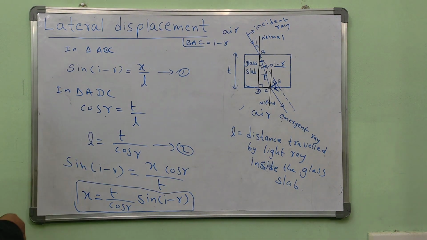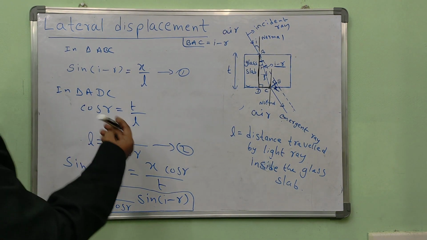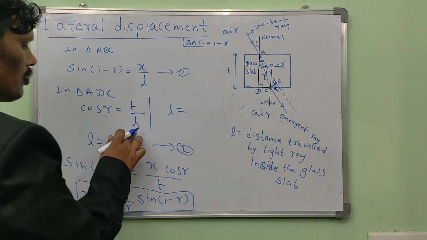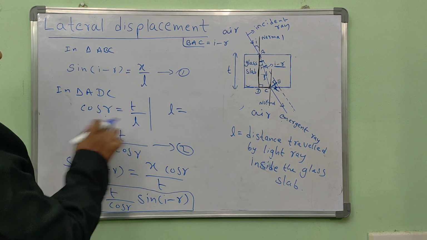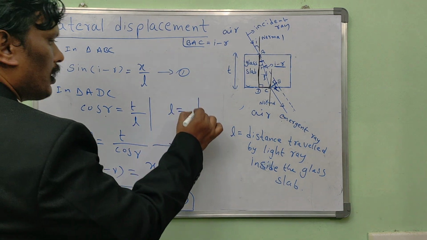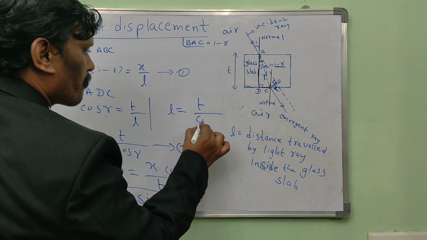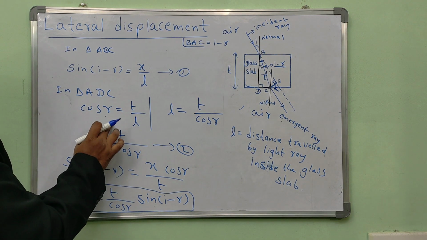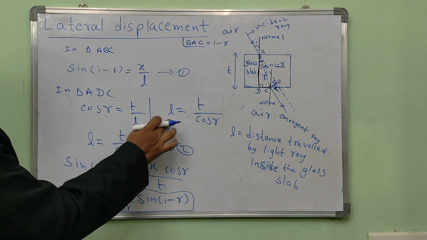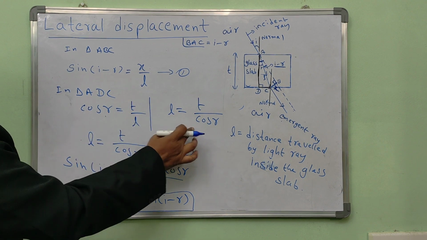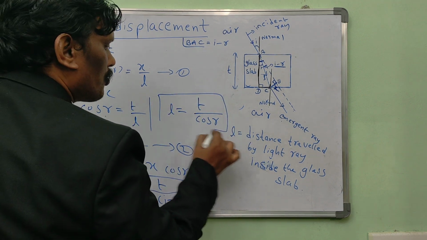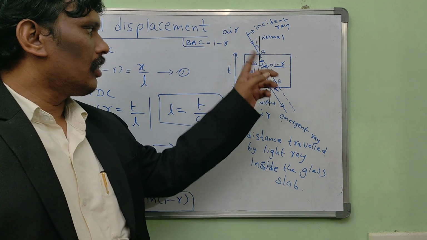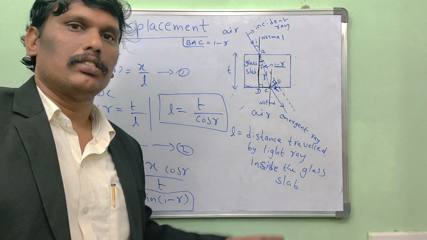By using this formula, transfer the cos R towards the T side, then L is equal to T upon cos R. This is the formula we use to calculate the distance travelled by the light ray inside the glass slab.